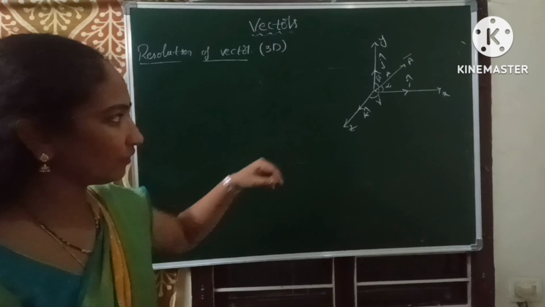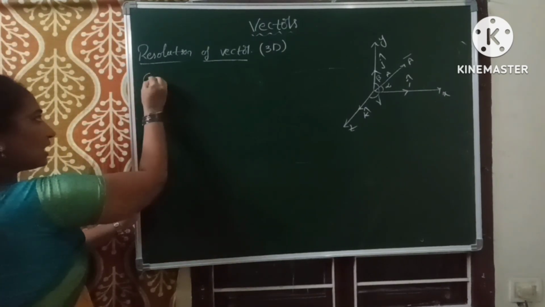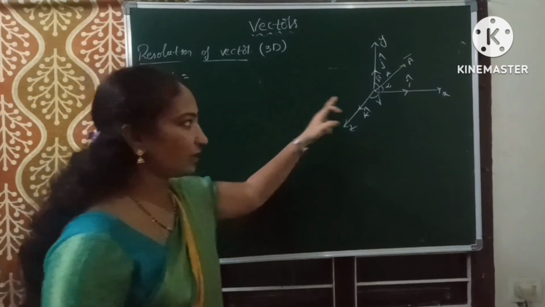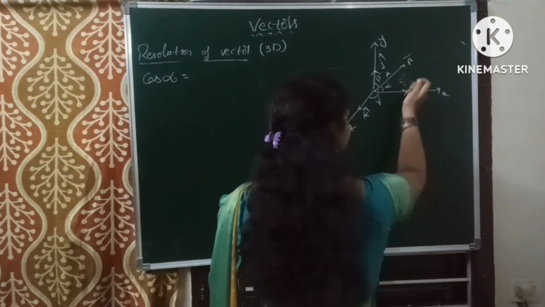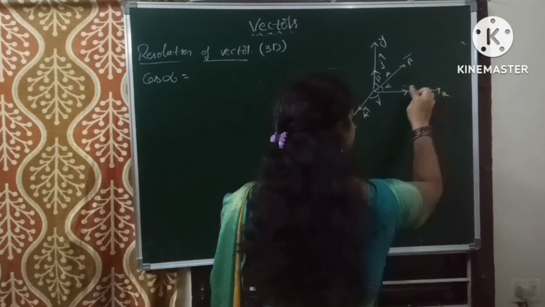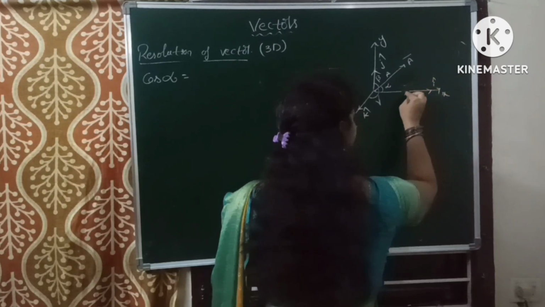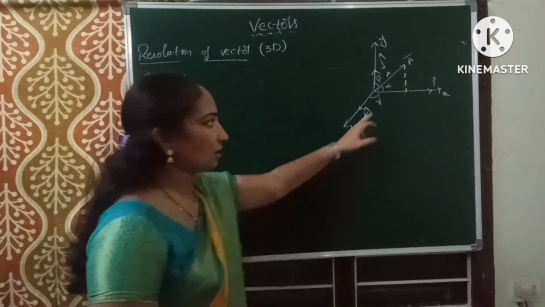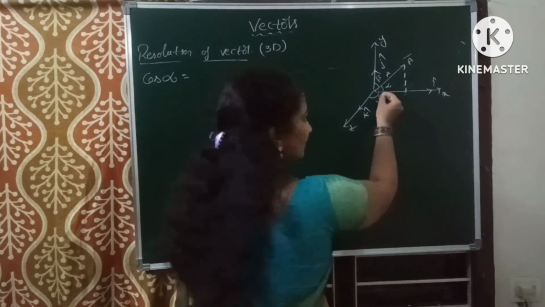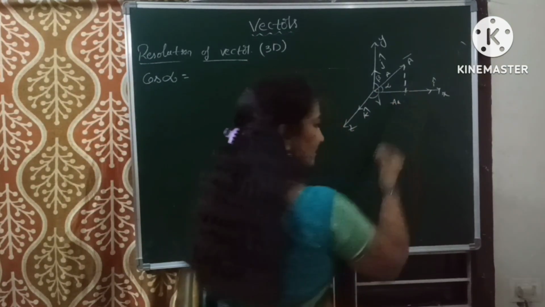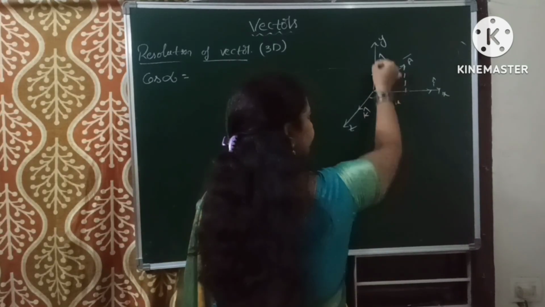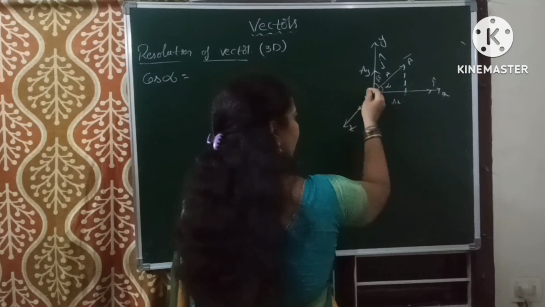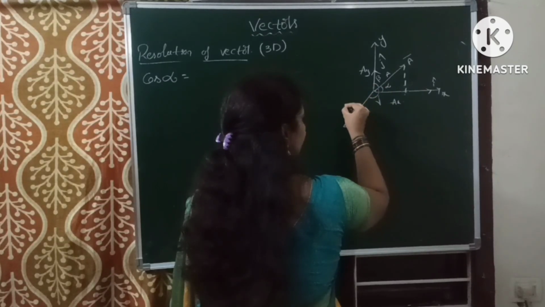So now with the help of these angles you can calculate cos alpha. Cos operation for alpha. So for our convenience, you can draw a perpendicular line here. If we draw the perpendicular line here, for alpha the adjacent side becomes ax, and this side becomes ay and here it is az.